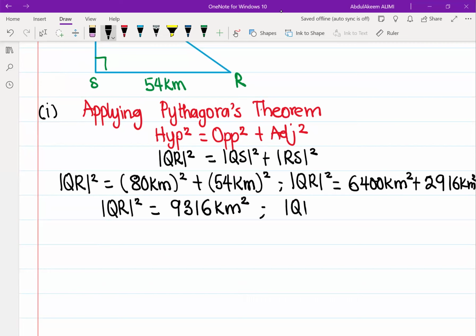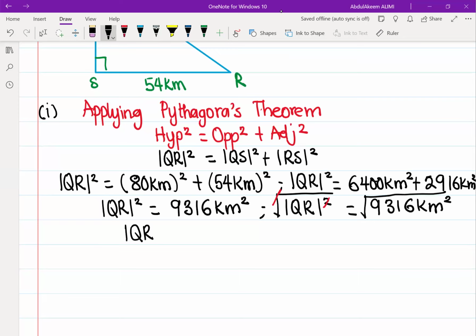I'll take the square root of both sides. When I take the square root of both sides, I have this and I have this, so this will cancel this. So what do we have next? I have my QR.